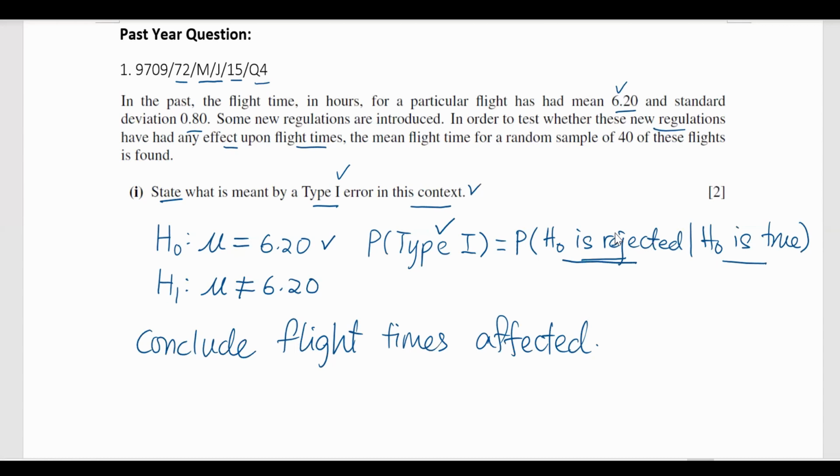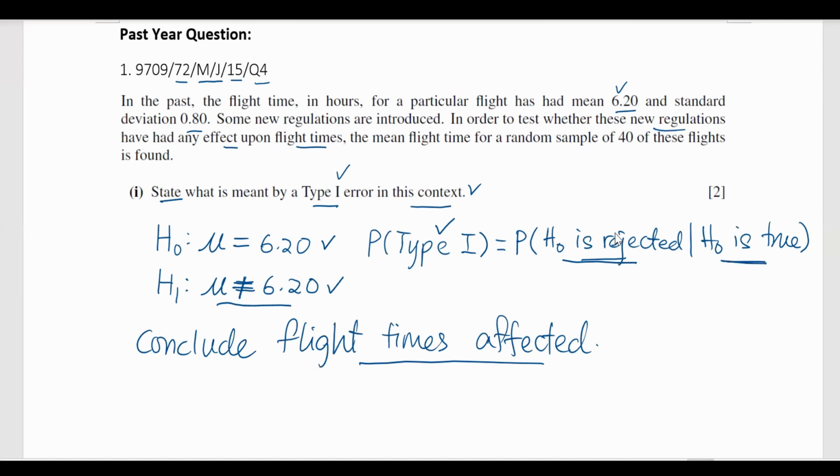Rejecting H null means automatically we accepted H1, and H1 is suggesting that the mean time is no longer 6.2. It's not the same as 6.2. That means we conclude the flight time is affected by the new regulations. But we have made an incorrect decision. Remember, that's why this is called an error.